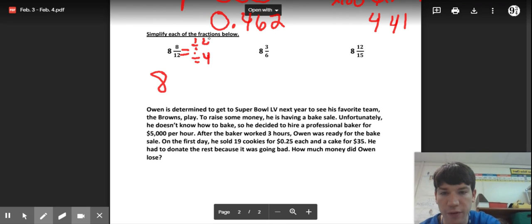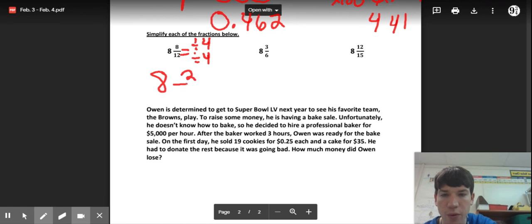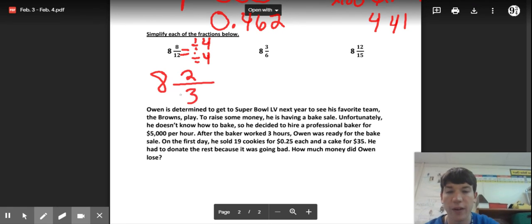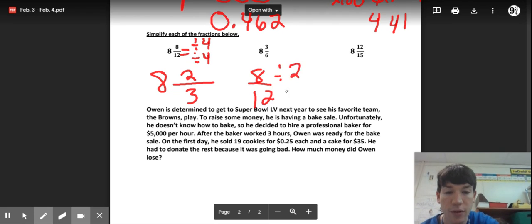I'm going to divide each of those by 4. And that on the top is going to give me 2, and 12 divided by 4 is 3. So that's all it's really taking to simplify these, is looking for the greatest common factor. Now, what if instead of dividing by 4, you had taken 8/12 and divided by 2?